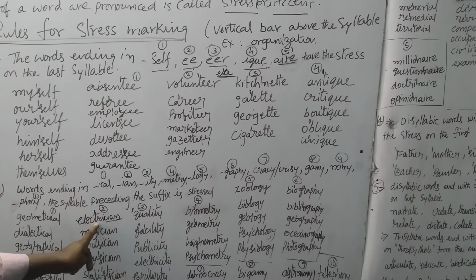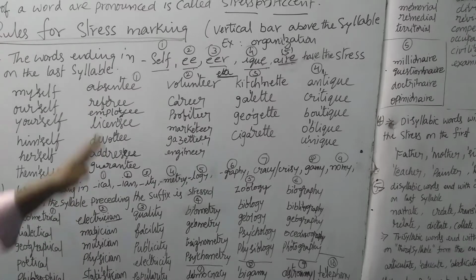The syllable before it, tri, we have to stress. Electrician, magician: shan before, ma. Three syllables are there, and shan is the suffix. Musician, physician, statistician, politician, comedian, civilian. Like this we have to stress.